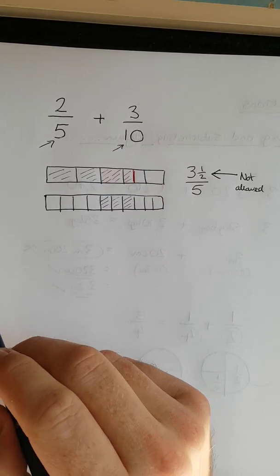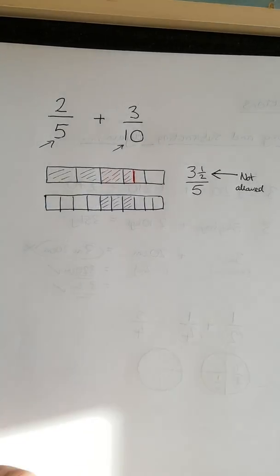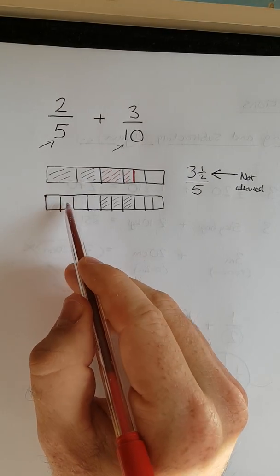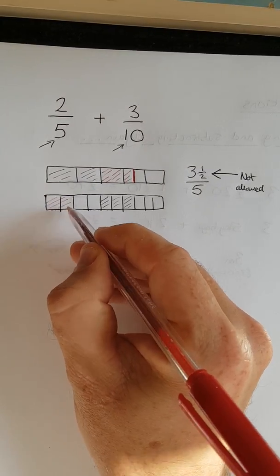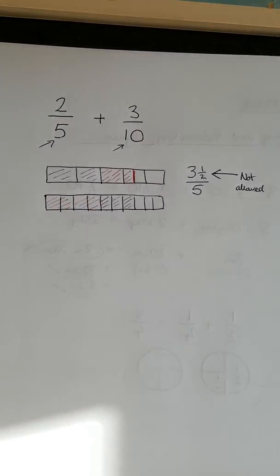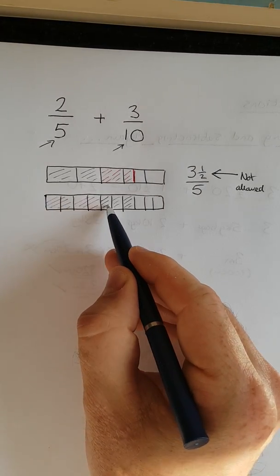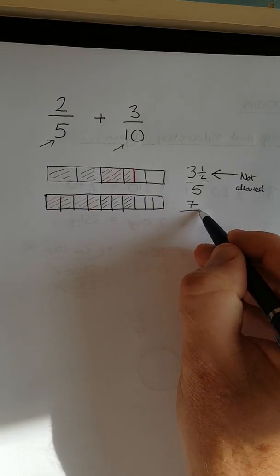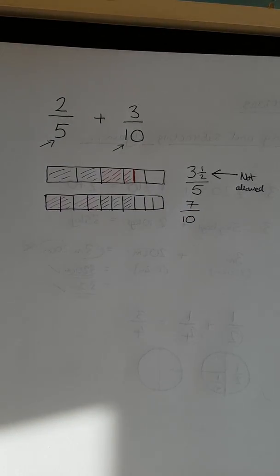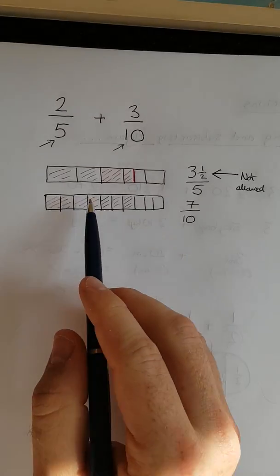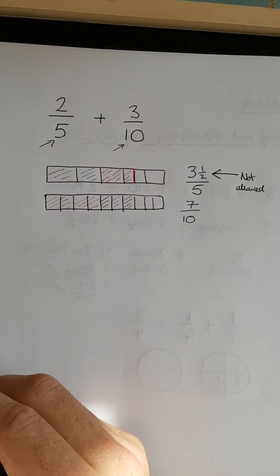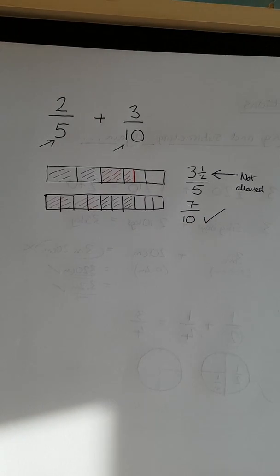So these fifths are too big. What if I brought these two down here instead? There's 1/5 and there's 1/5. So you could describe it as 7/10. Well, that seems to make more sense. And that is the correct answer.